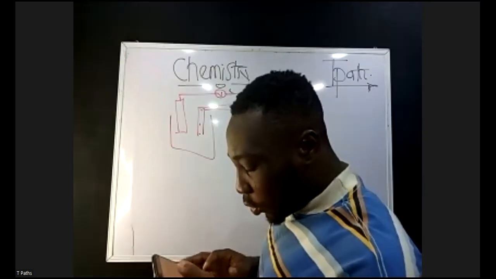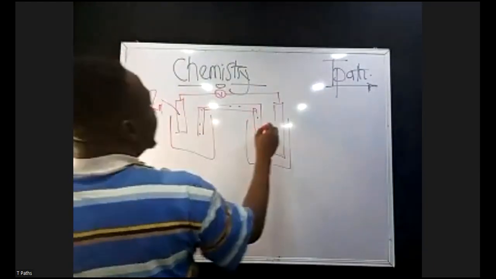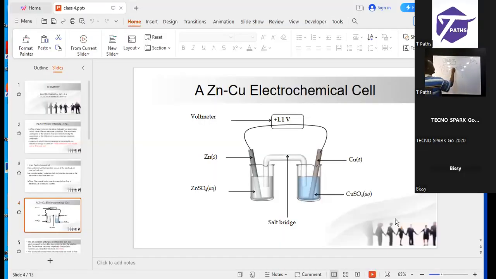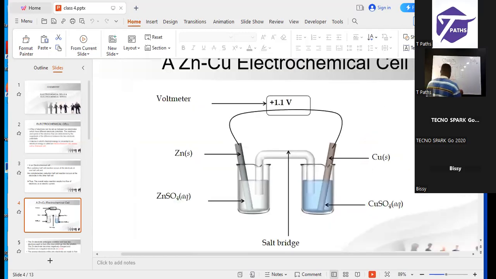Let's say this is zinc, and this is copper, and this is the salt bridge from the diagram. In one beaker we have zinc sulfate aqueous solution, and in the other we have CuSO4 aqueous solution. What happens here is that the zinc electrode undergoes oxidation.